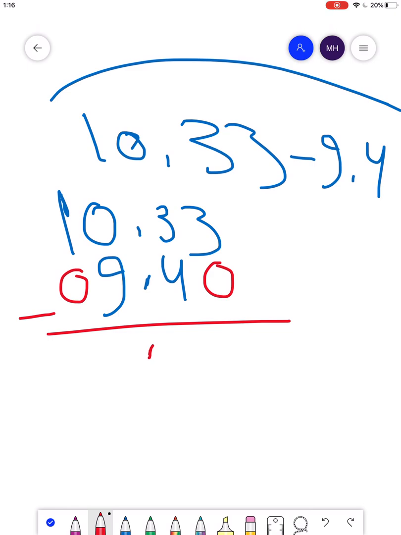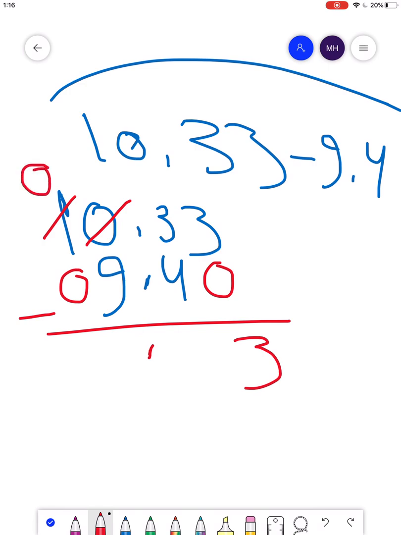Now I start subtracting from the right as in addition. I regroup if needed. 3 minus 0 equals 3. Now 3 minus 4 we cannot. So we take one from the 0, but the 0 cannot. So we take this one, this becomes 0.